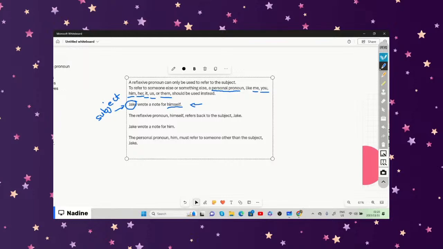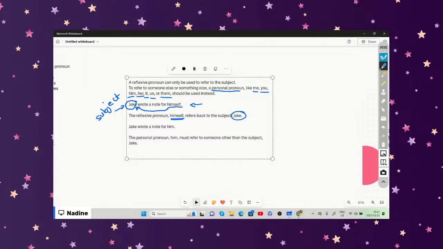So Jake wrote a note for himself, meaning Jake wrote a note for himself. So the reflexive pronoun is himself and it refers to Jake. That is why, when we use a reflexive pronoun, it needs to refer to the subject, right?